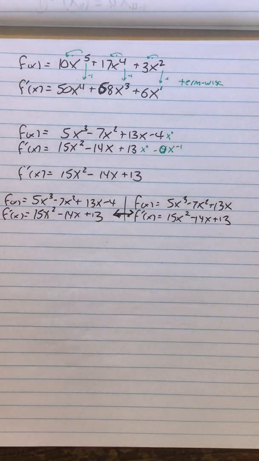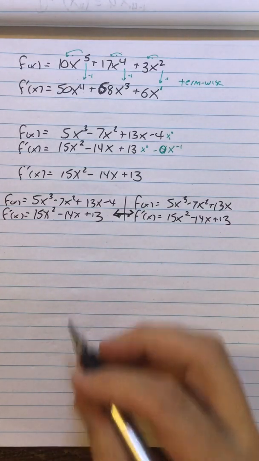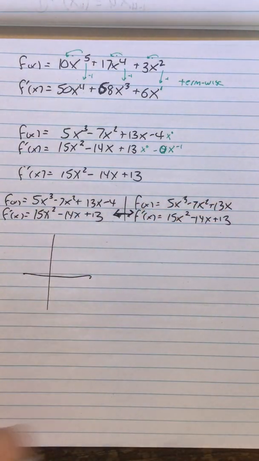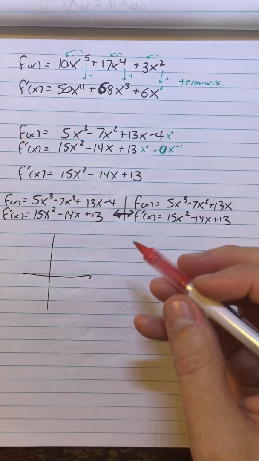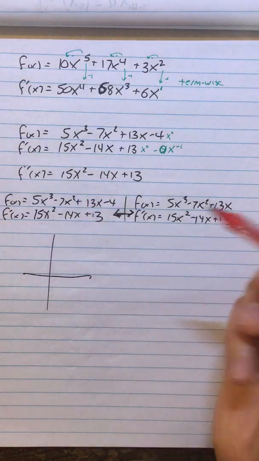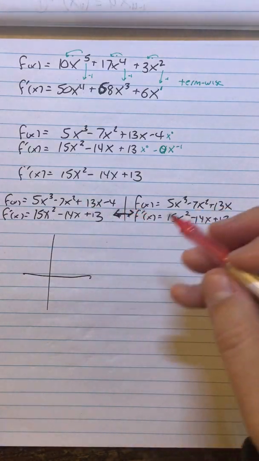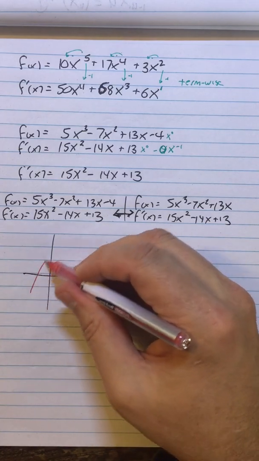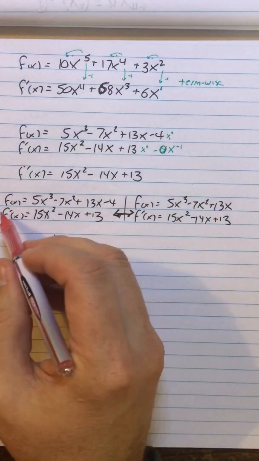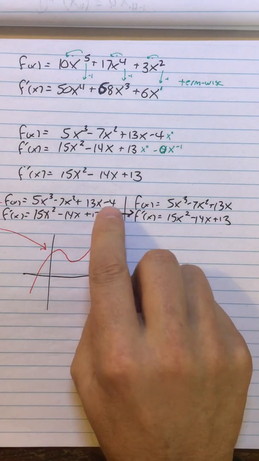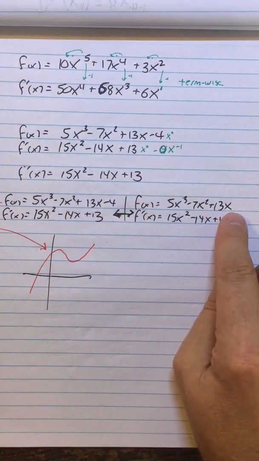It's worth taking a moment to think about why. So let's think about this graph. I know quite a bit about it. I know it's a cubic, so it can have at most 2 turning points. I know that it can have at most 3 x-intercepts. I know that the end behavior is down up. Those are all things I learned in Algebra 2 and went over again in pre-calculus. So roughly speaking, I have some kind of a graph that looks like this, and that's this one. Okay? Now, what is the minus 4 doing that's different from this one?